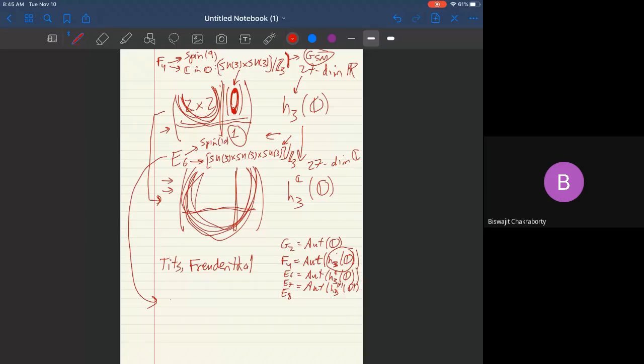Instead, it is the symmetry group of the so-called left-right symmetric version of the standard model. So the intersection of these two groups ends up being SU3 times SU2 times SU2 times U1.